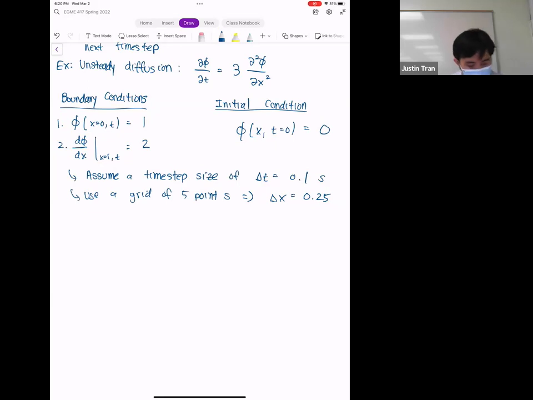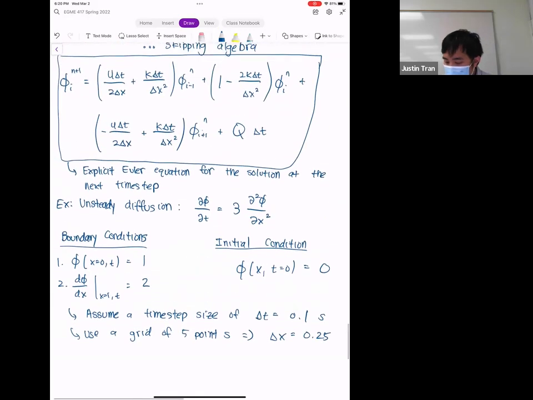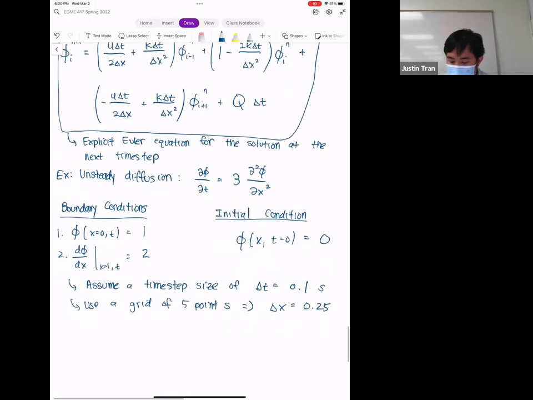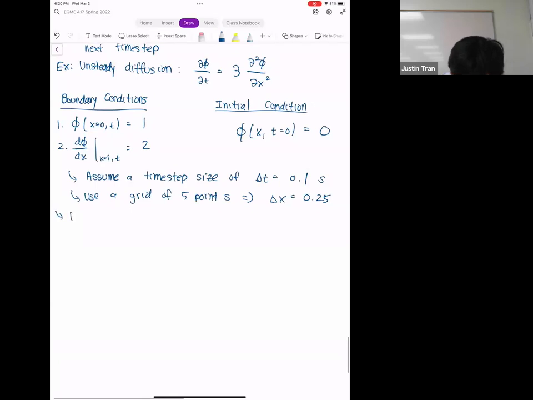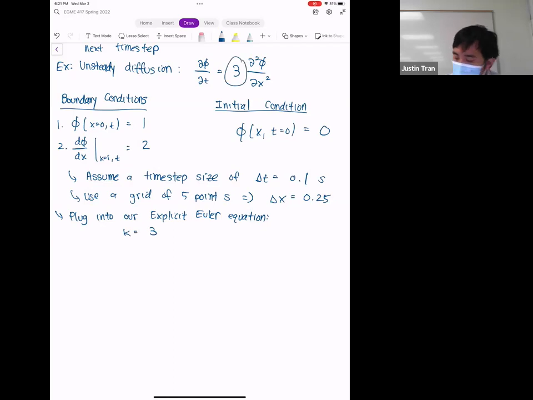All right, so we went through the trouble of deriving this, so let's just go ahead and plug into our explicit Euler equation. For this particular problem, we have a diffusion coefficient of 3, which is the number in front of our diffusion derivative.